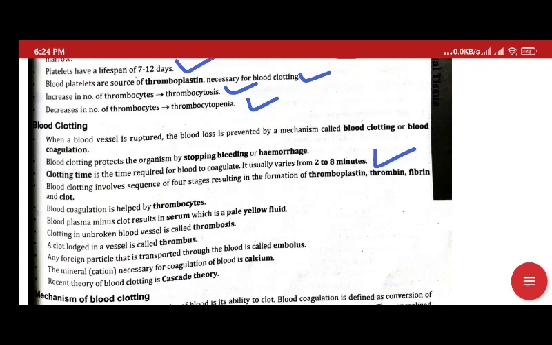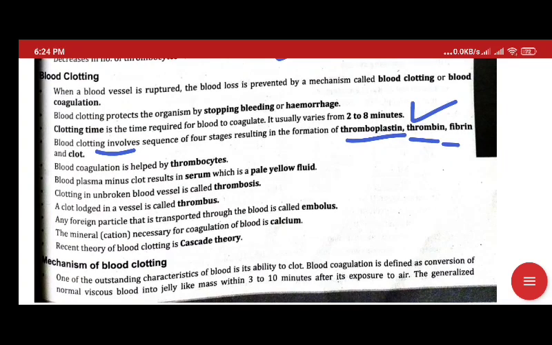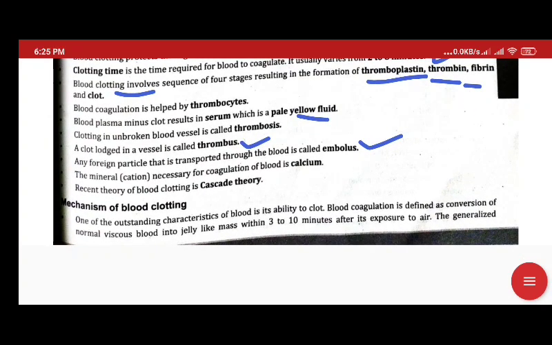Thromboplastin occurs, then thrombin, then fibrin, and then a clot at the cut. Blood serum is pale yellow in color. A clot in the vessel is a thrombus. Any foreign substance that travels is an embolus. The recent cascade theory is used for blood clotting.